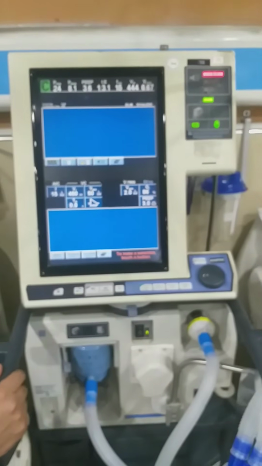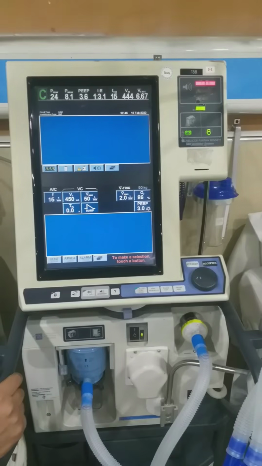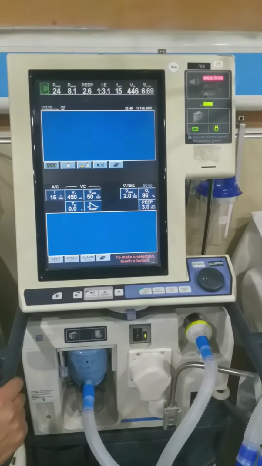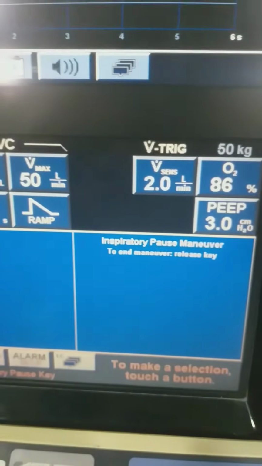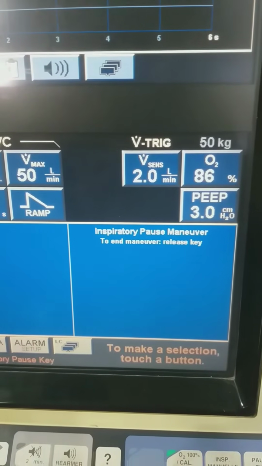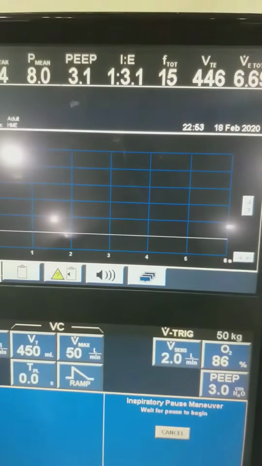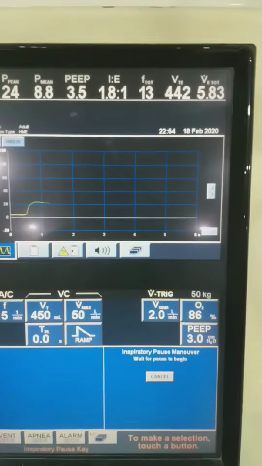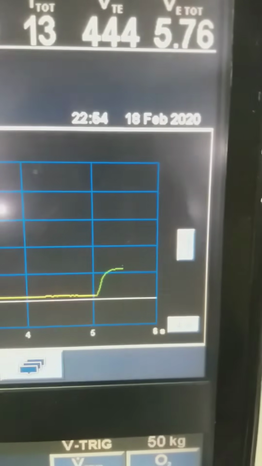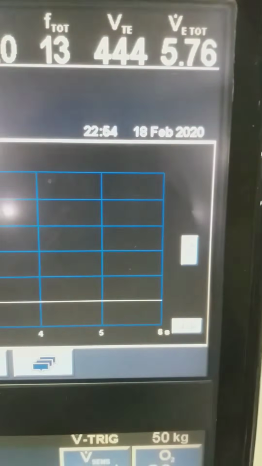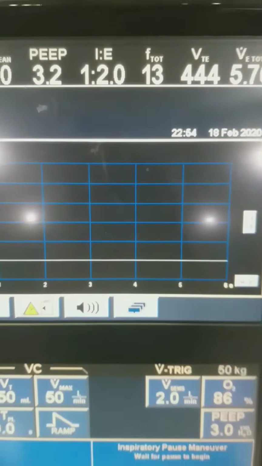So this is the PB480 machine, a nice machine. This is the inspiratory and expiratory hold. If you hold it for expiration, it will tell you about the intrinsic PEEP, if there is an intrinsic PEEP. Now focus it. We have pressed the expiratory hold, and here inspiratory hold, and this is showing us the plateau pressure. This is the inspiratory hold.